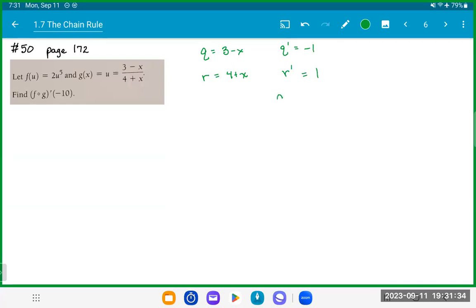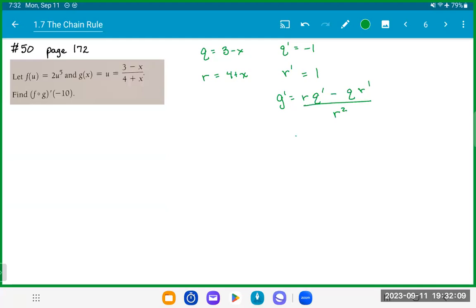Okay, so my g prime is going to be r q prime minus q r prime divided by r squared.